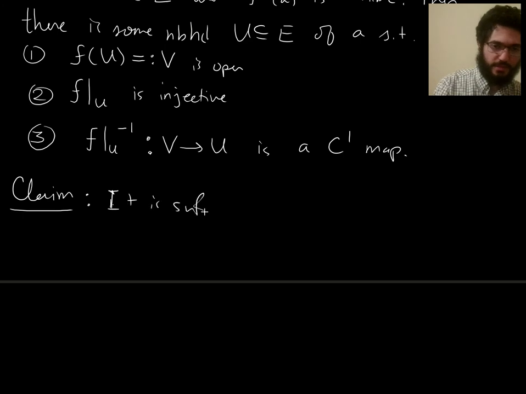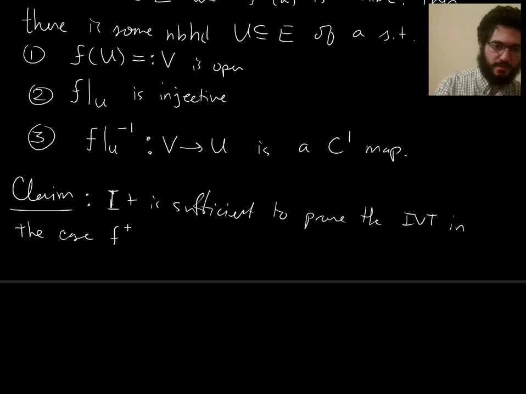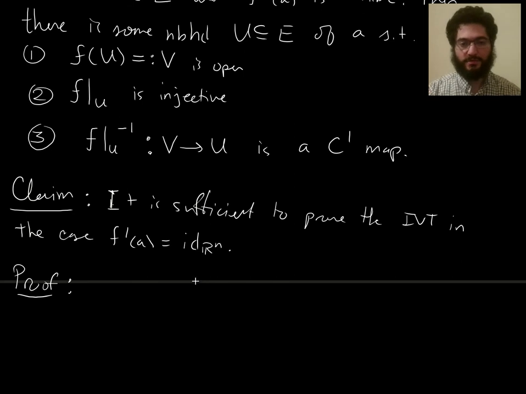It is sufficient to prove the inverse function theorem in the case f prime A equals the identity map. So that's my claim. This is the claim that I'm going to prove today. And then next time we'll look at proving the inverse function theorem in the case f prime A is the identity map.